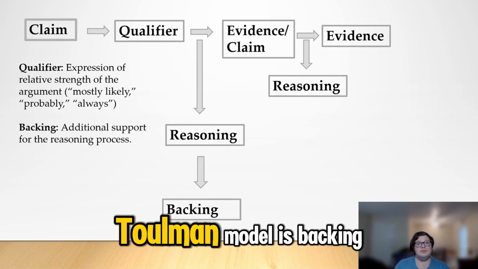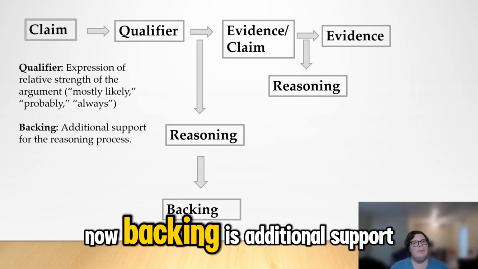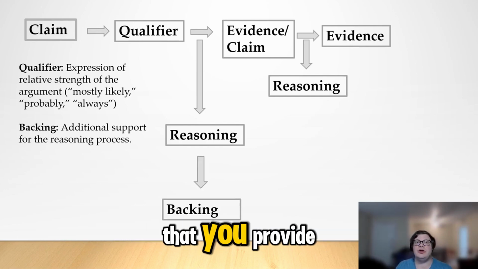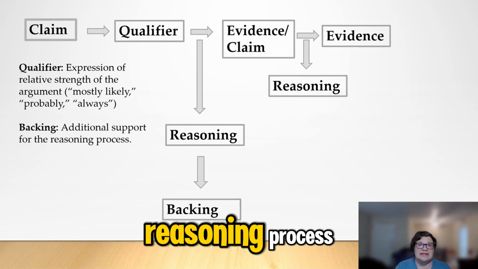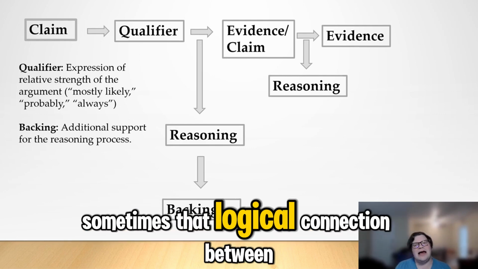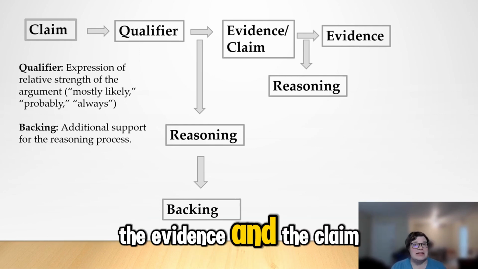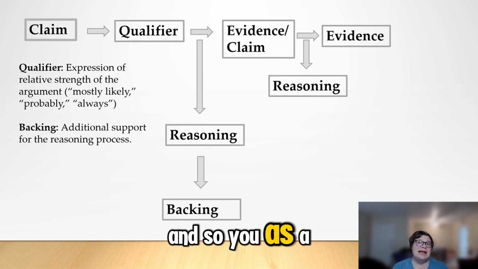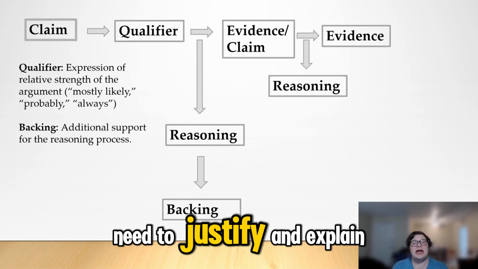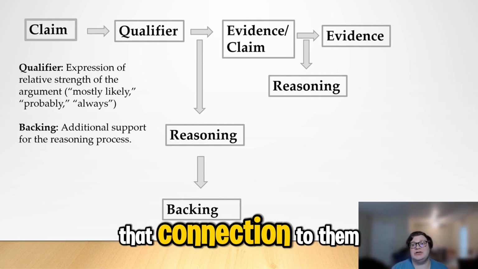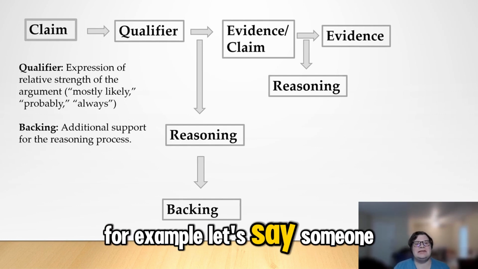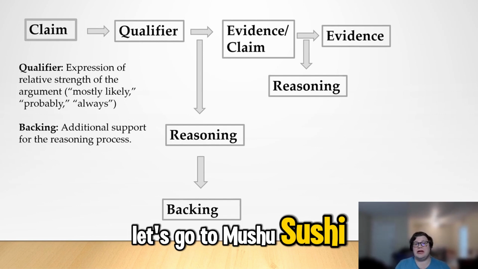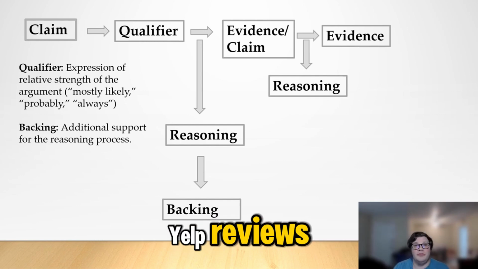The next part of the Toulmin model is backing. Backing is additional support that you provide in order to support your reasoning process. Sometimes that logical connection between the evidence and the claim just might not be that evident to an audience. And so you, as a persuasive advocate, need to justify and explain that connection to them. For example, let's say someone says, let's go to Mushu Sushi Restaurant because it has great Yelp reviews.